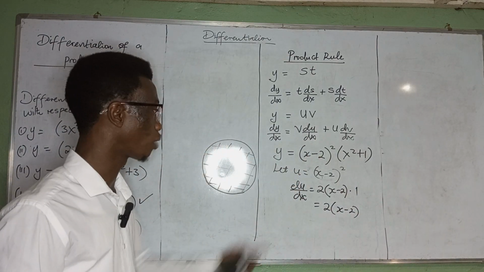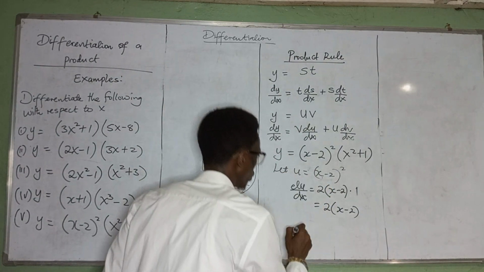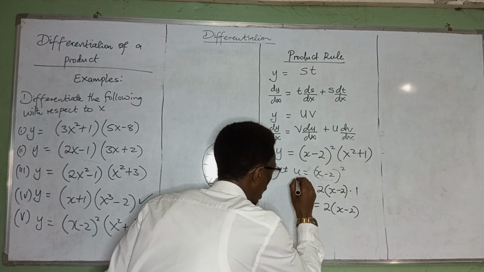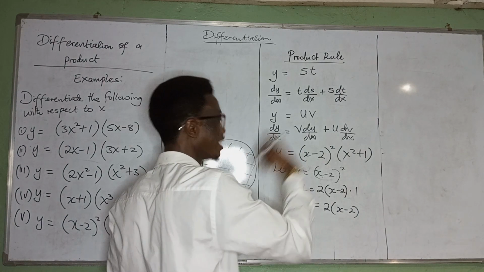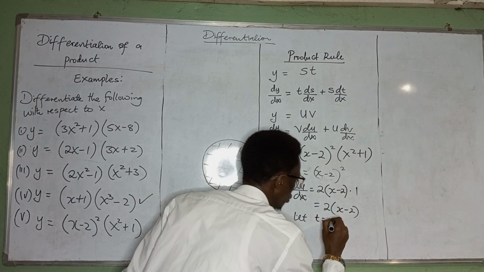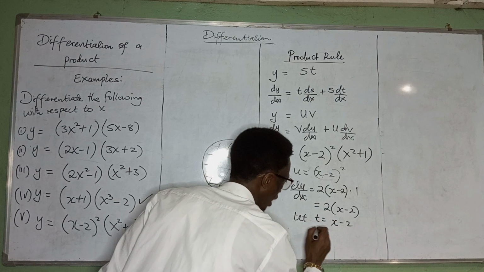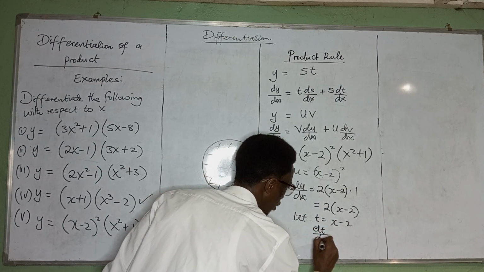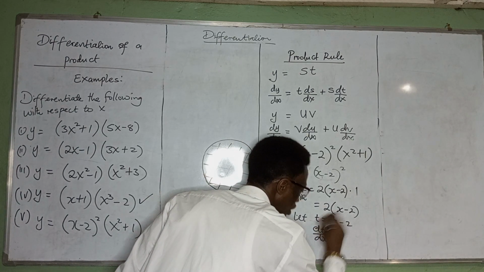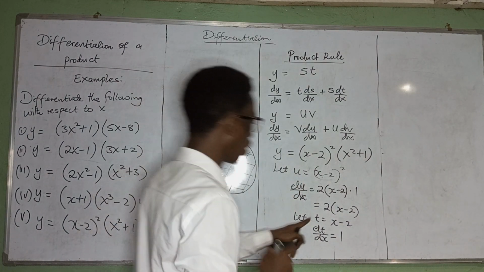Now the other way you can solve this one is to let a letter be this one. So let's say t equals x minus 2. Now you are differentiating t with respect to x, so dt by dx equals 1.